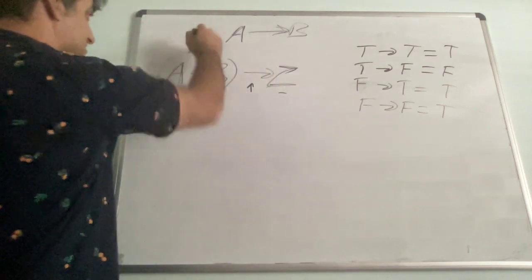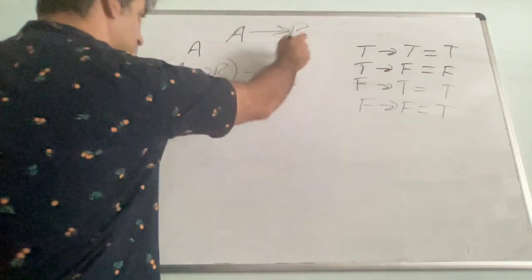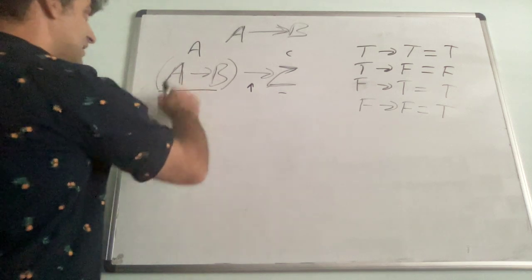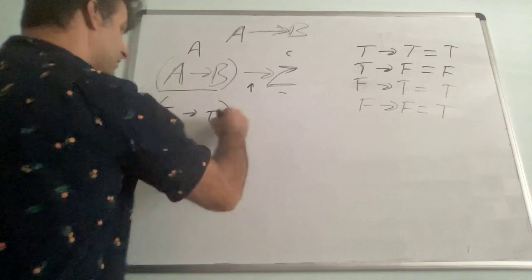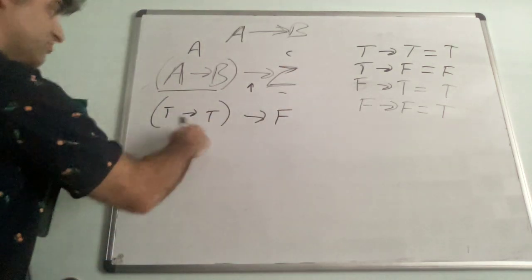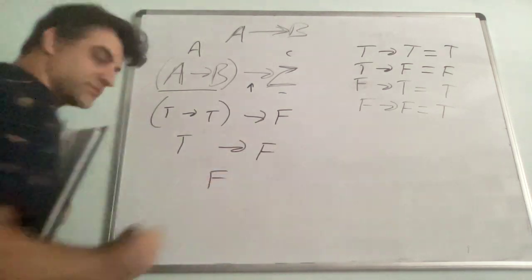So here's the antecedent of your larger if-then statement, and here's the consequent, right? So you're going to go inside the parentheses, and you're going to do A arrow B, which is true arrow true, and your whole statement is that implies Z, which is false, right? True arrow true is true, so you get true arrow false, and that's false, okay?